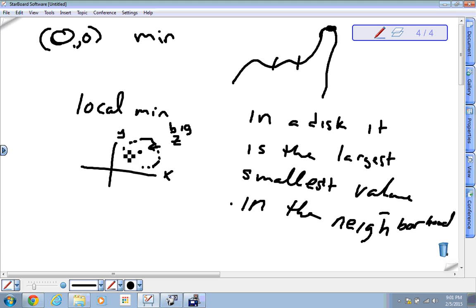And that neighborhood will be bounded by some sort of a disk. So instead of bounding it by some little interval from A to B and saying that's the highest y value in this neighborhood along the x-axis, we're going to say this is the biggest z in some circular path or some disk around it in that neighborhood. It clearly does not mean it's the highest point. It just means it's the highest point in the neighborhood.